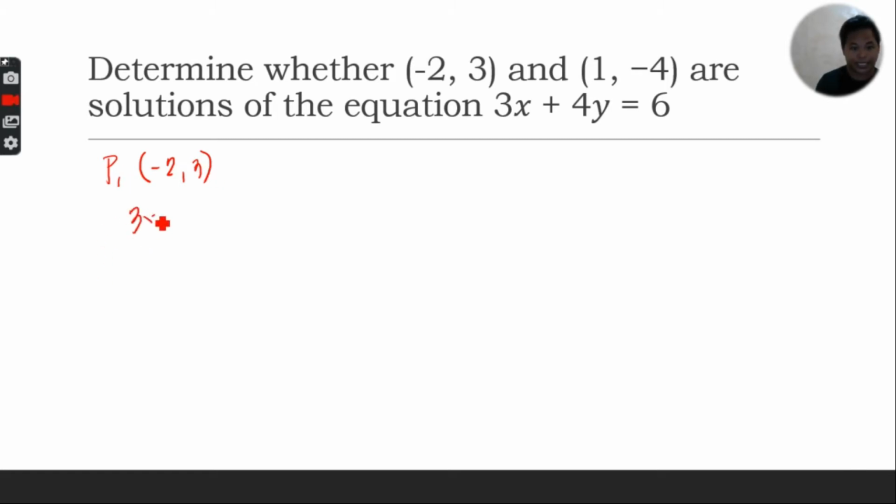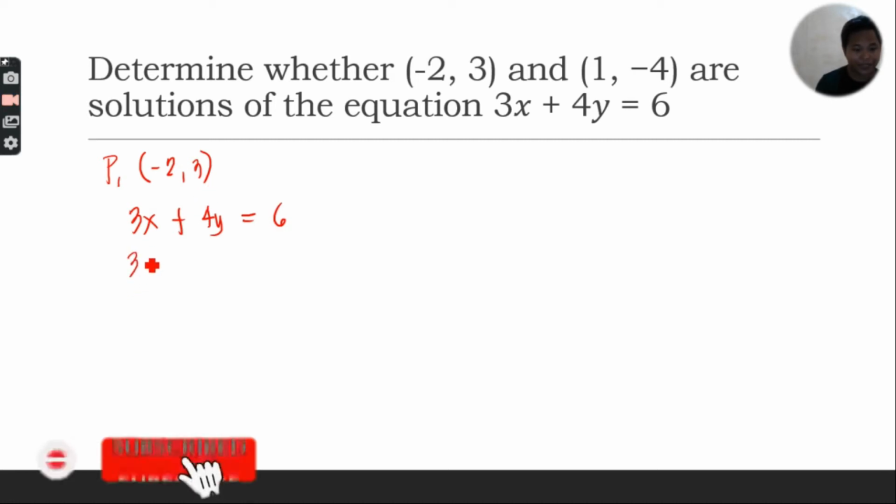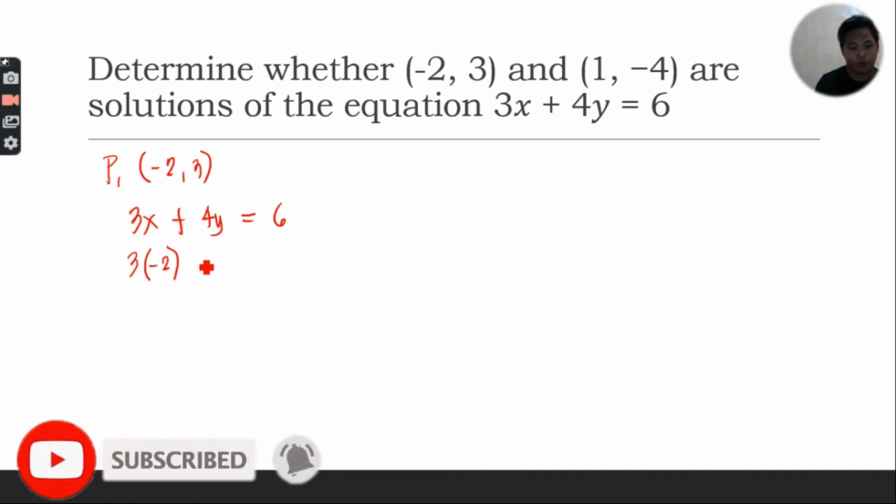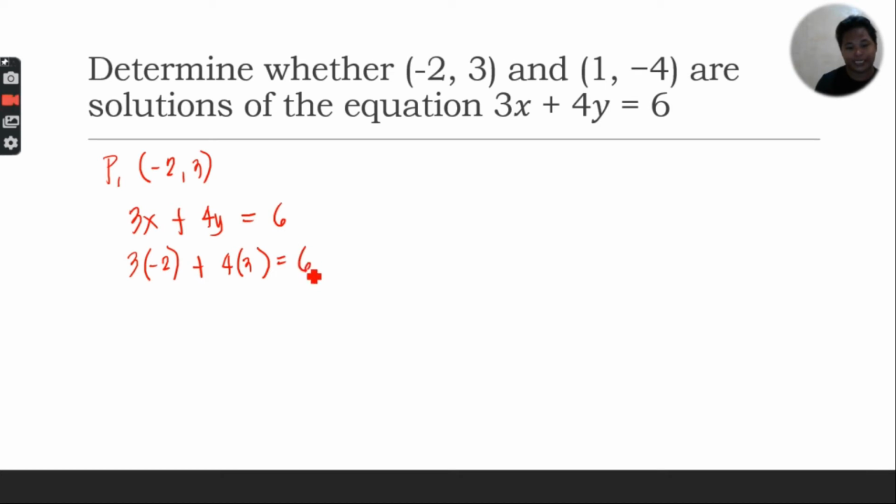Given the equation 3x plus 4y is equal to 6, using the x and y values, we have 3 times -2 plus 4 times 3 is equal to 6. 3 times -2 is -6. 4 times 3 is 12 is equal to 6. -6 plus 12 is 6 is equal to 6.